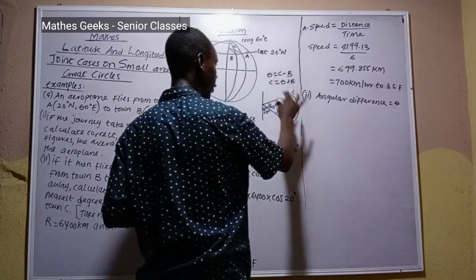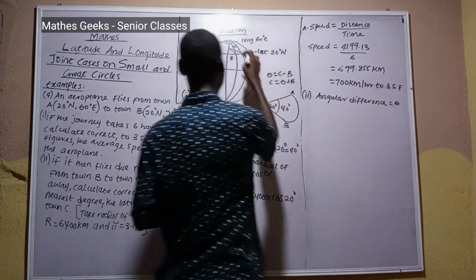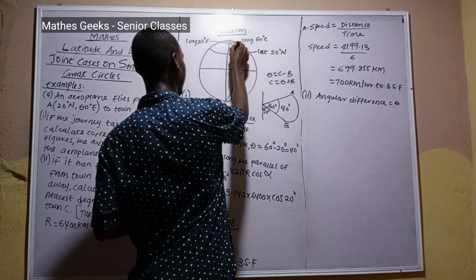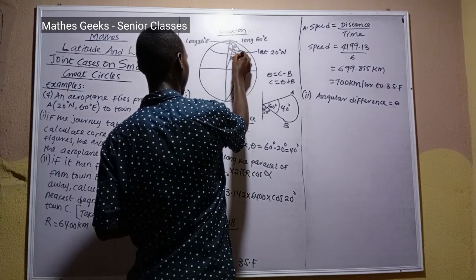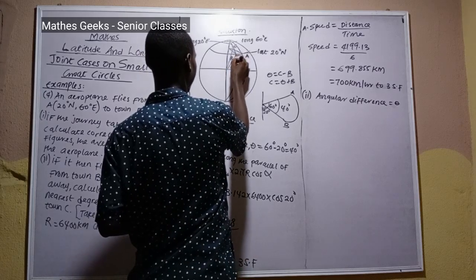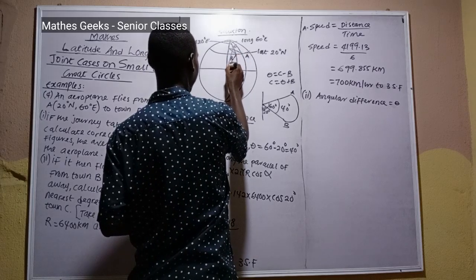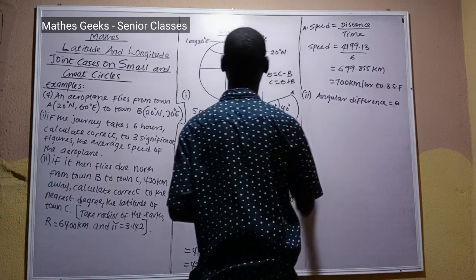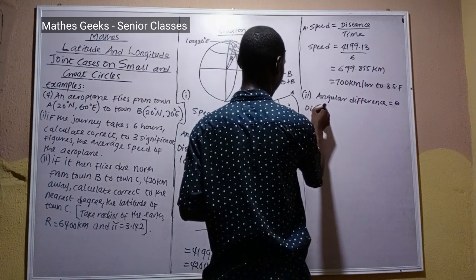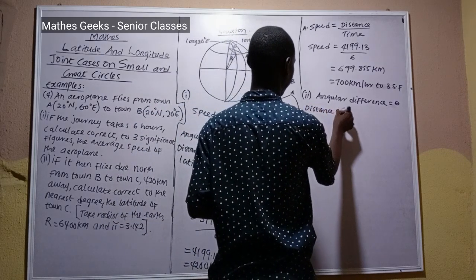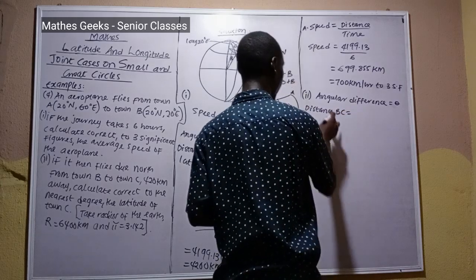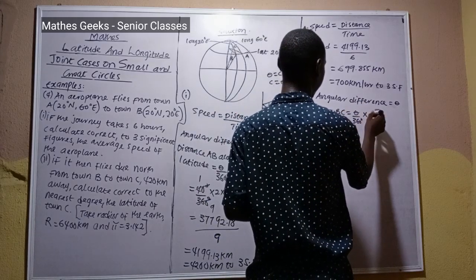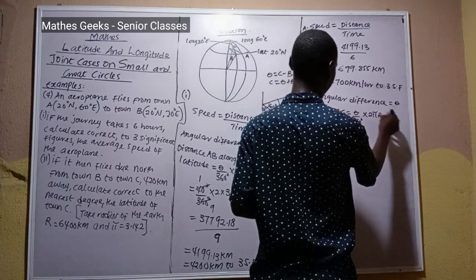First of all, let me just leave it as theta. Since it's a great circle route, because it's on the same line of longitude, I'll bring it to the equator. So distance BC is equal to theta, the angular difference, over 360 degrees times 2 pi r.